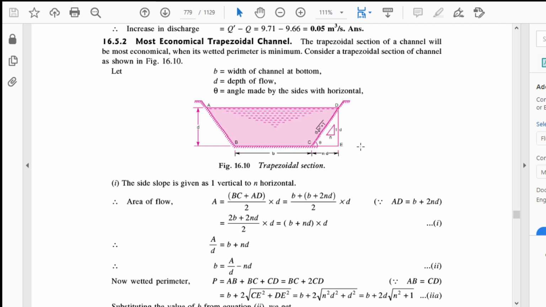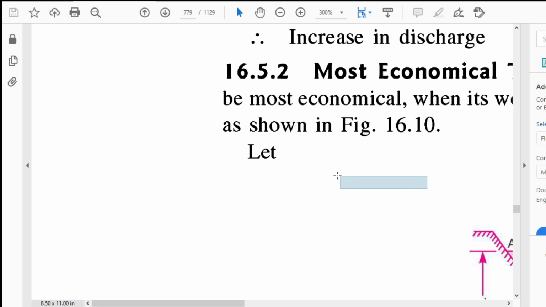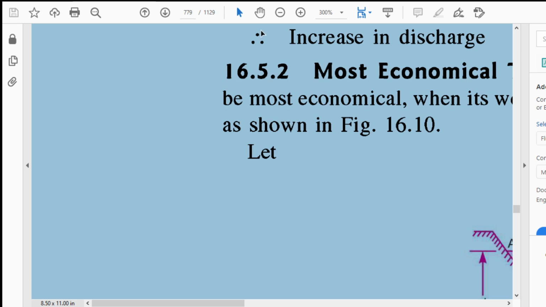As we already studied, the side slope, or the angle made by the side of this trapezoidal channel with the horizontal, is theta. I'll show you this.